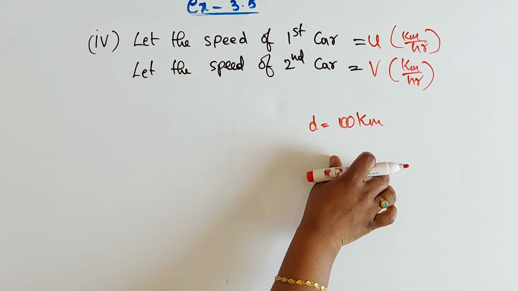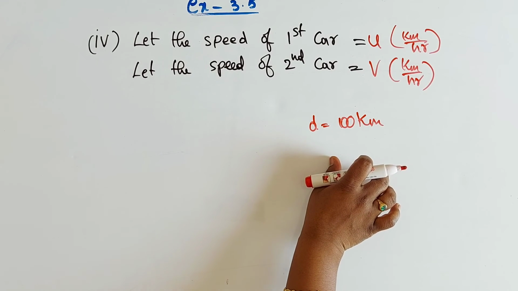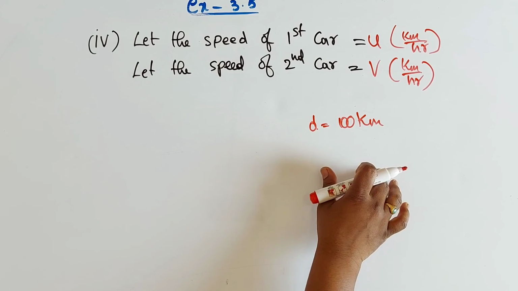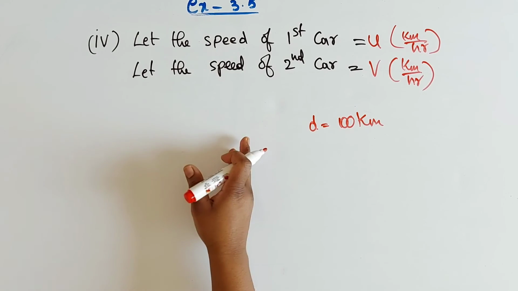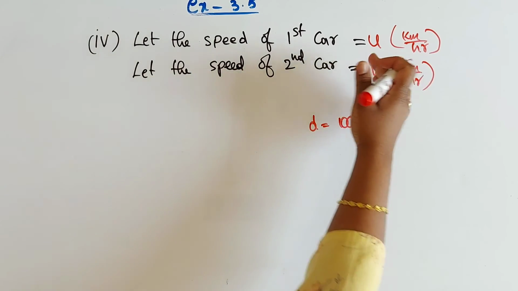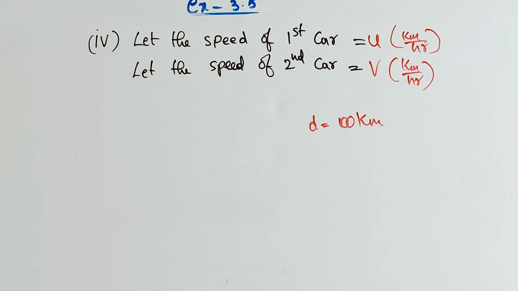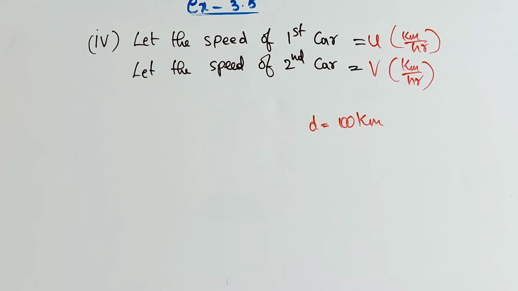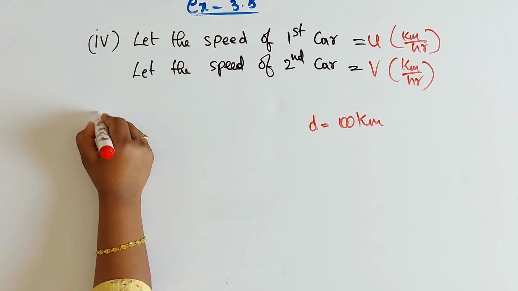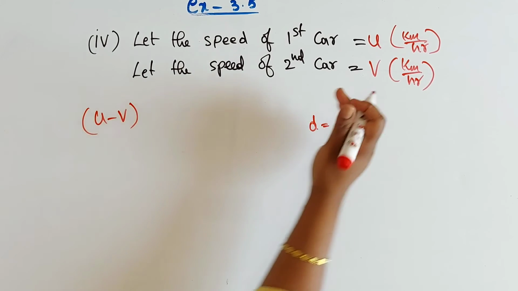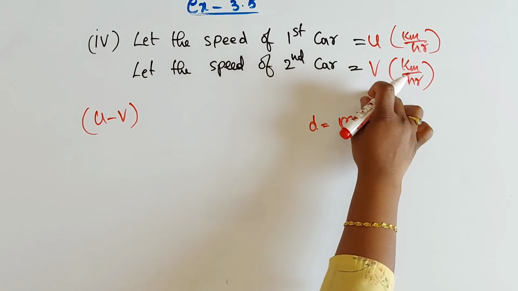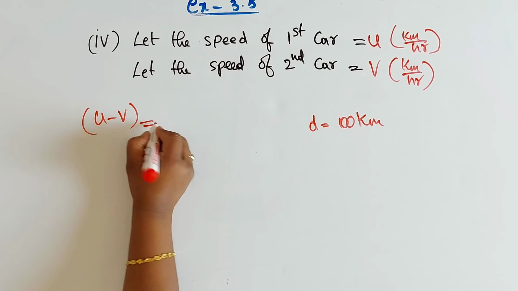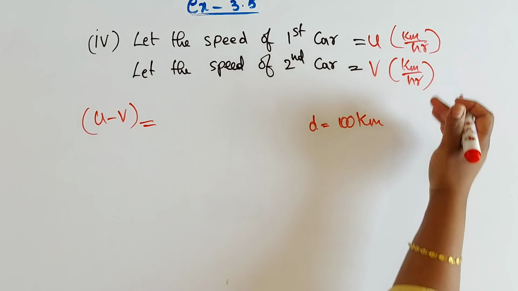Right? And one car starts from A and another car starts from B at the same time. They start at the same time, with different speeds in the same direction. Correct, children? That means u minus v, different speeds. u minus v is equal to distance by time.